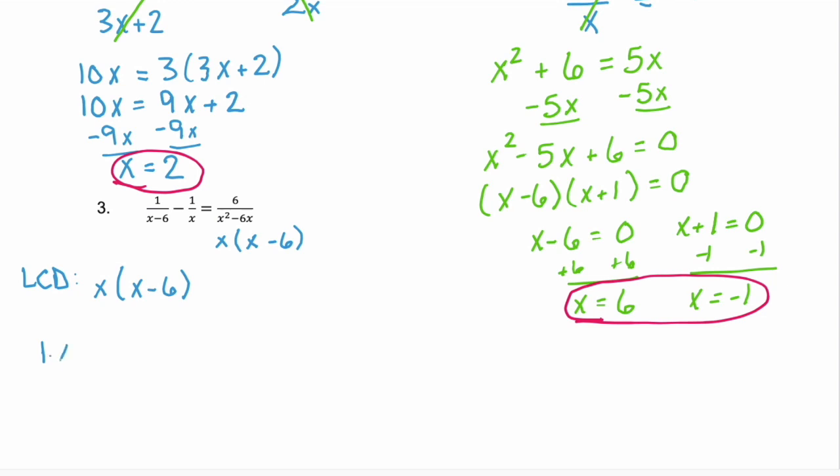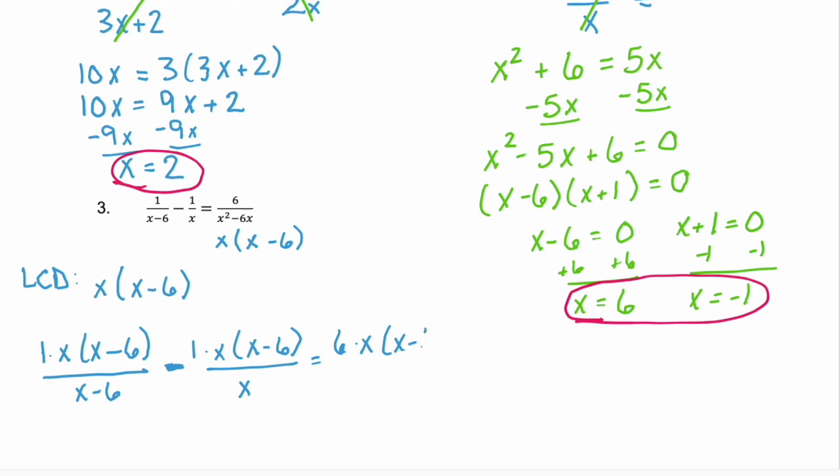So we get 1 times x minus 6 over x minus 6 minus 1 times x minus 6 over x equals 6 times x minus 6 over, we can use our factored denominator here, x times x minus 6.